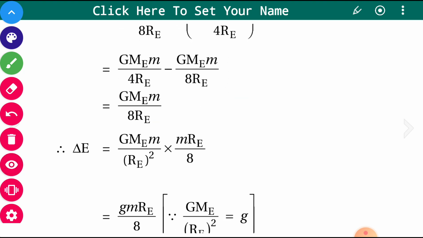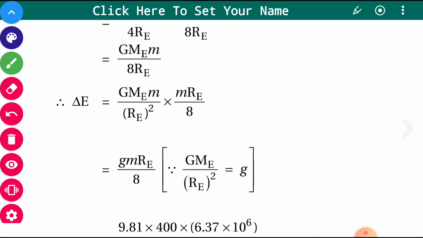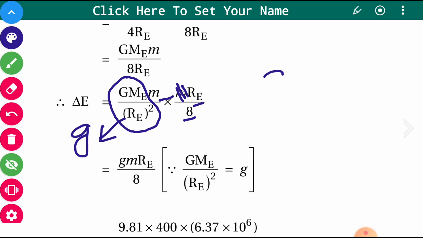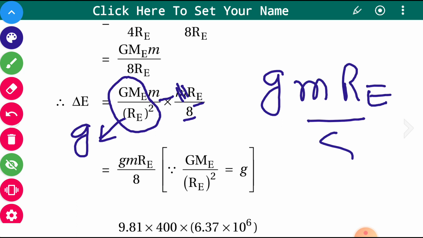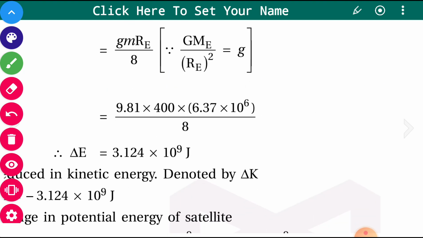So we have G Me upon RE square into m into RE upon 8. This extra M is a misprint. So this part will become small g. So small g m RE upon 8.